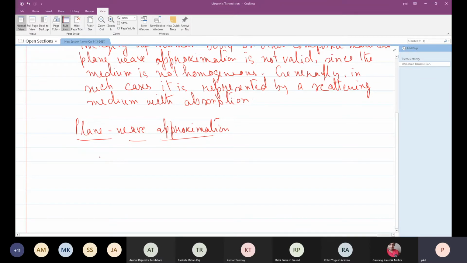Pure longitudinal waves are excited when we have this, like the transmitter is expanded or contracted in a particular direction.